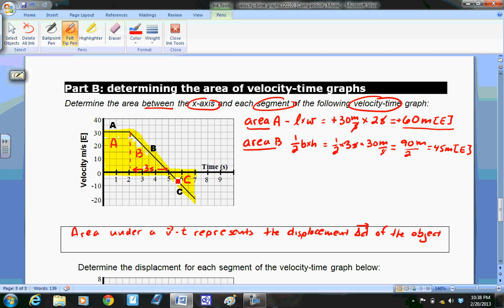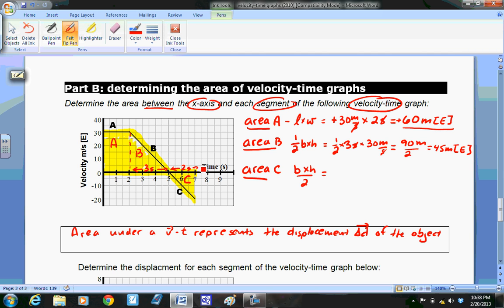So when we travel westwards, it means we're traveling in this negative area over here. So we would expect my displacement to be negative as well. So let's calculate that out. So we've got this area C. So again, I'll use the other formula here. So base times height over 2. So here, my base is 2 seconds. Again, you have to be careful here.